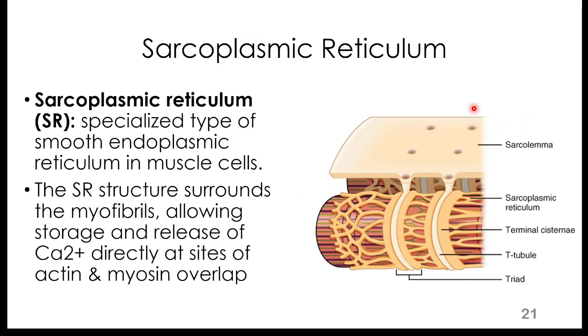Okay, so if you look at the illustration here, this is the sarcolemma. That's the cell membrane of muscle cells. We can see the sarcoplasmic reticulum, which is illustrated and labeled here.